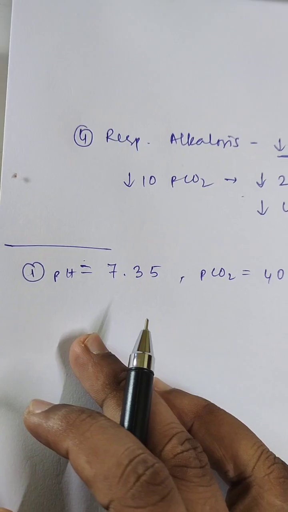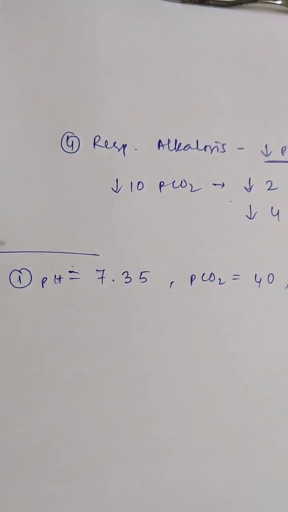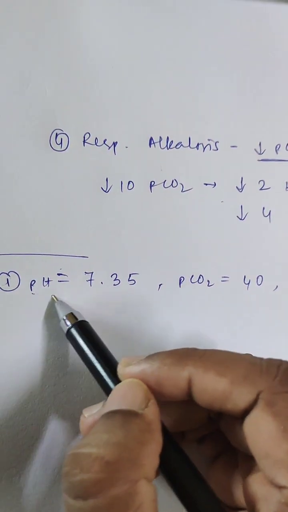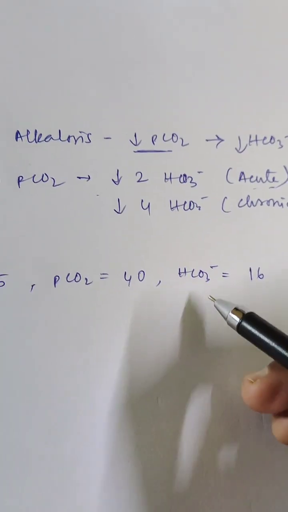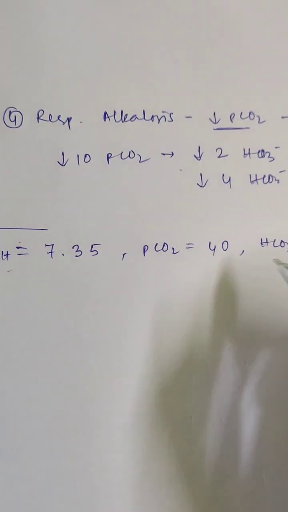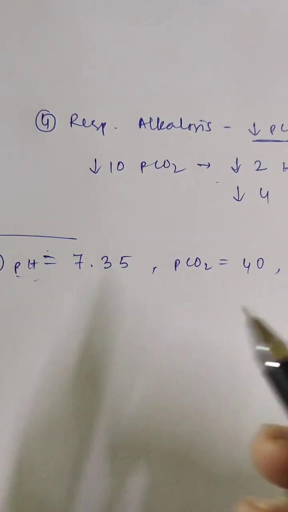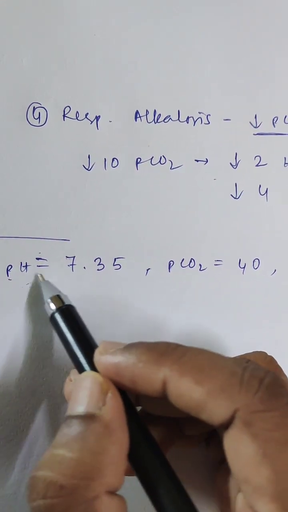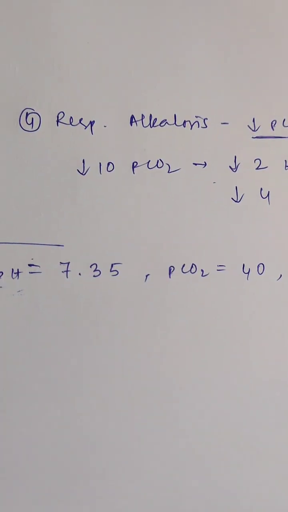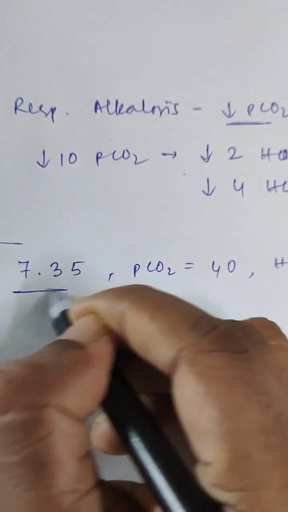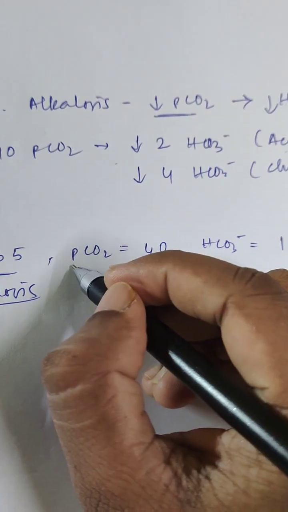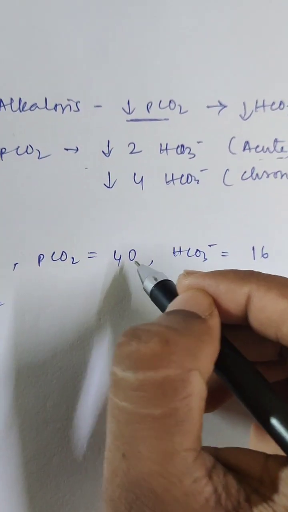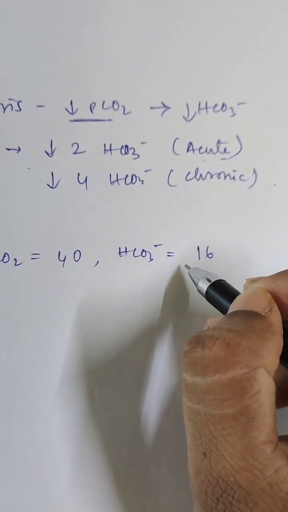Now we'll see one example. Here the pH is 7.35, the PCO2 is 40, and the bicarbonate is 16. The very first step is to look at pH. By looking at pH, we can say that it is a case of acidosis. Now the PCO2 value is still normal, but the bicarbonate value has decreased.